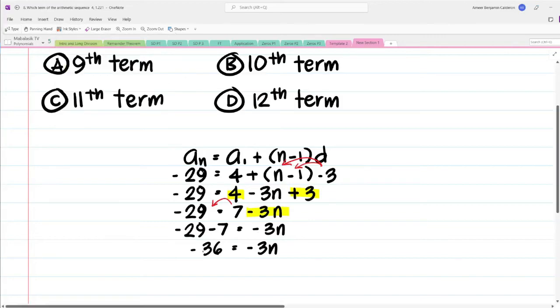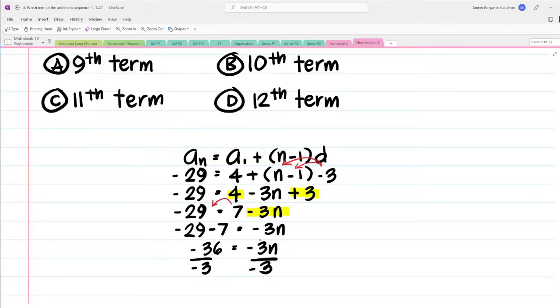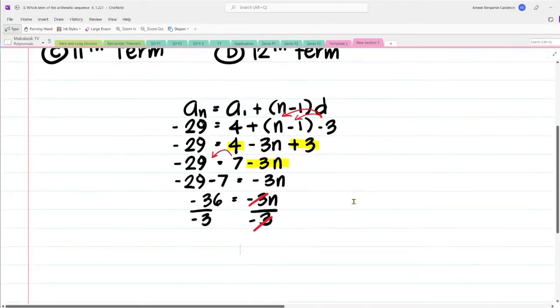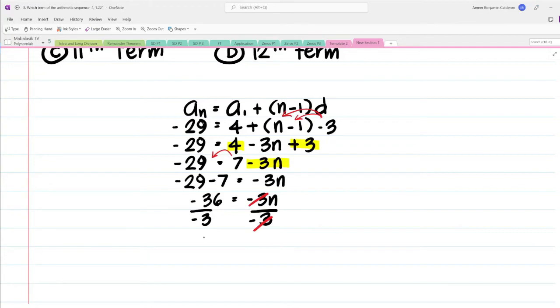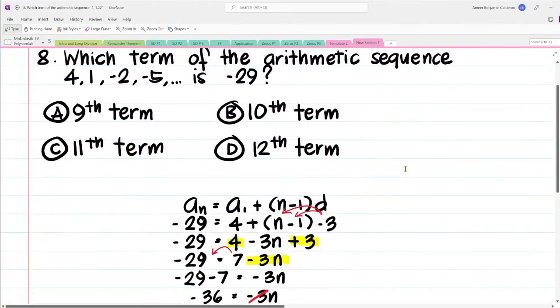So, we have to divide both sides by negative 3. We can cancel negative 3 and we are left with n, which is equal to 12. So that is D, the 12th term.